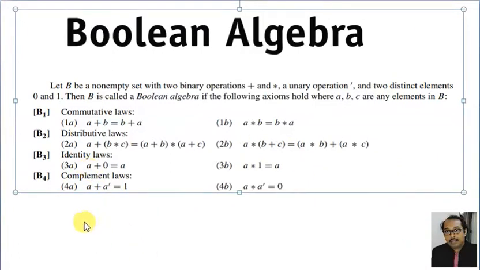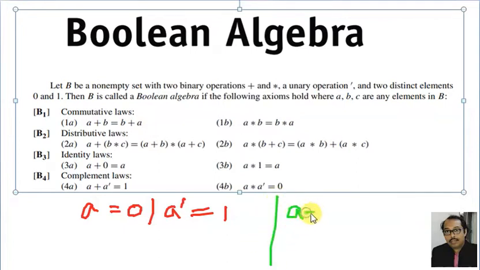Next one is a plus 0. Suppose 2 plus 0, what is the answer? Answer is 2. So a plus 0 is equal to a. Now a into 1 is a. Now a plus a dash is equal to 1. How is this going to work? Suppose a is 0, correct? Then what is a dash? A dash is 1.